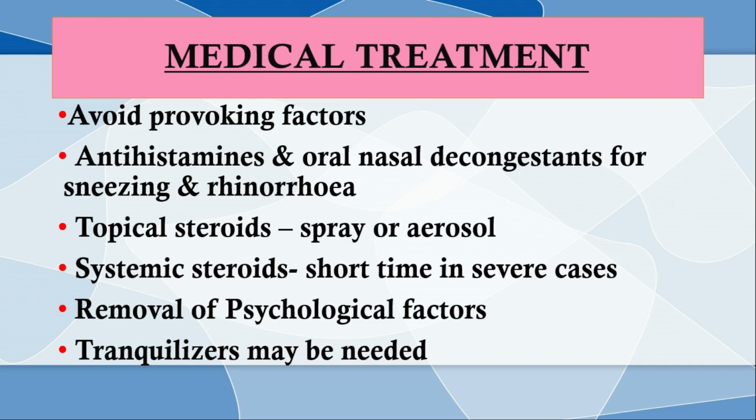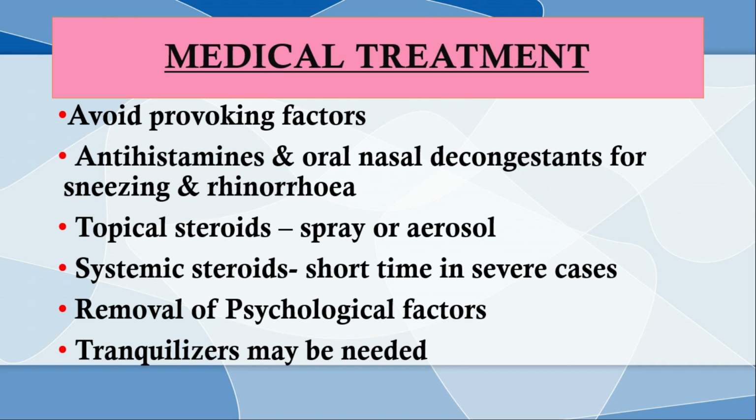Systemic steroids are not commonly given to patients of vasomotor rhinitis, whereas sometimes if it's a severe case, one may go for a short-term treatment with systemic steroids for, say, a week to 10 days in the form of prednisolone tablets.